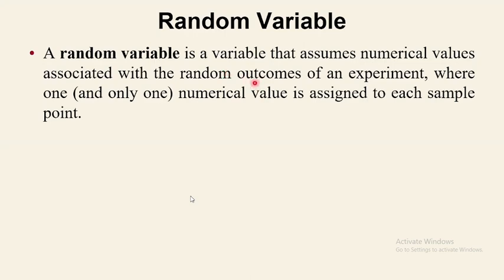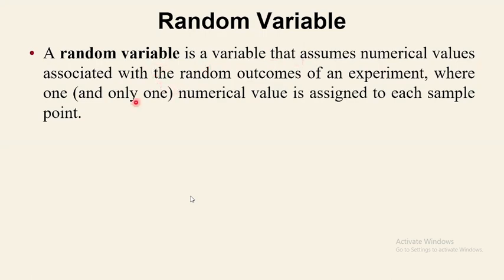But these numerical values are associated with the random outcomes of an experiment. Already we learned the random experiment, and the random experiment results in some outcomes. From those outcomes, we have to take the numerical values. Those numerical values associated with the variable are called a random variable.